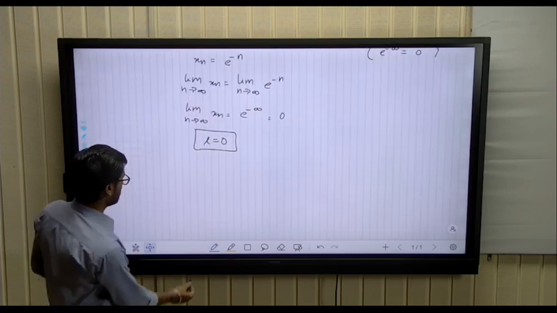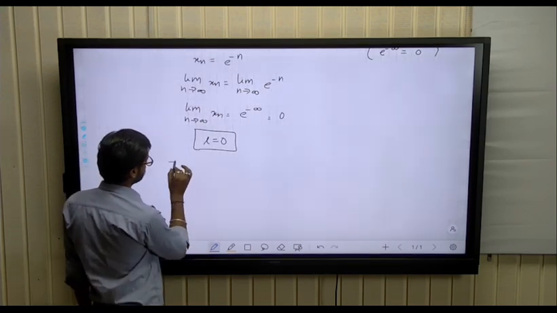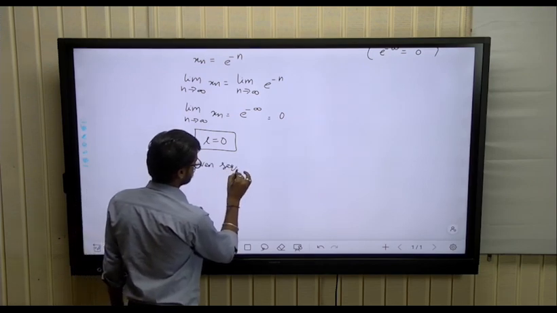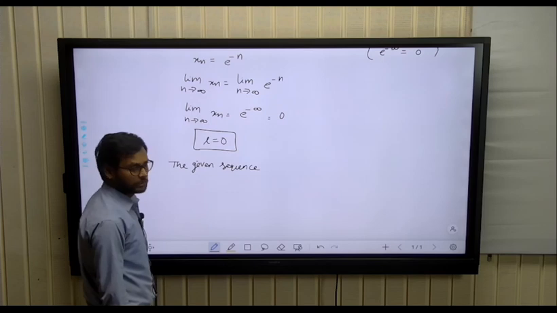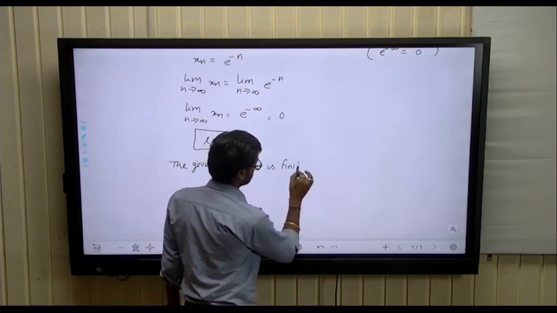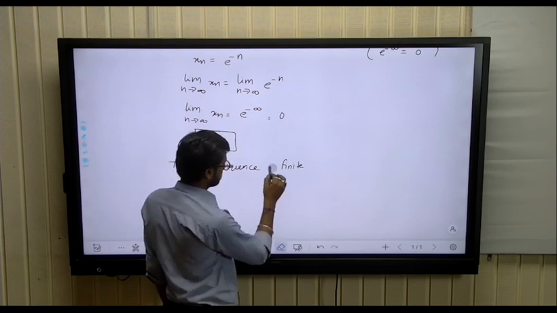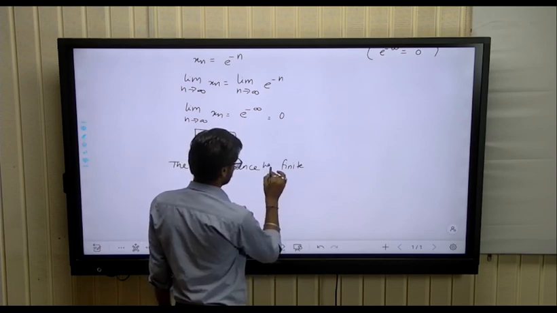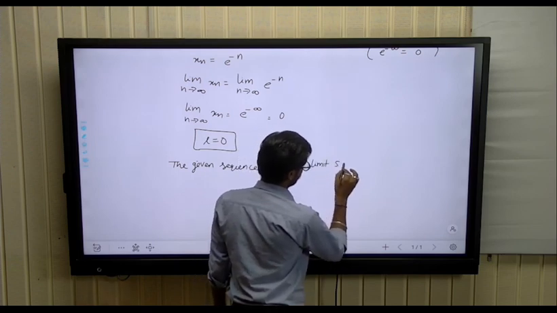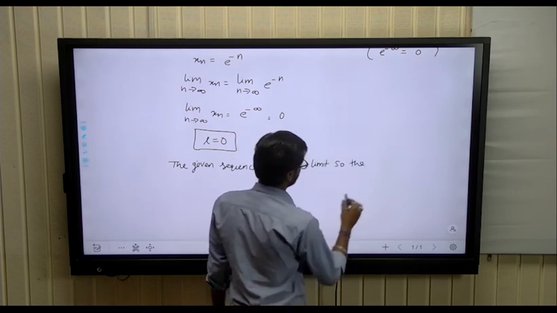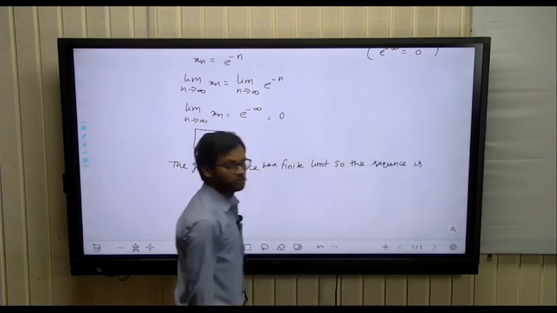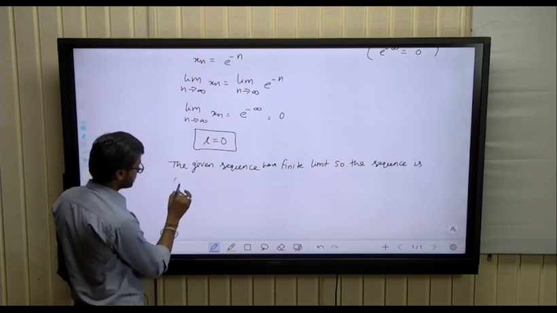So here we write: the given sequence has a finite limit, so the sequence is a convergent sequence.